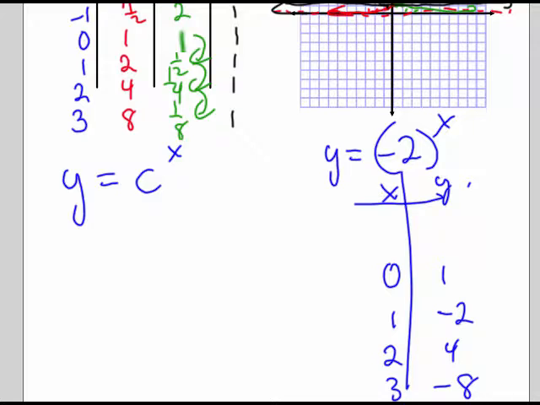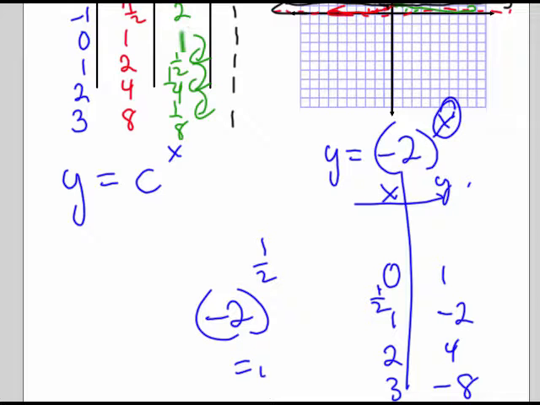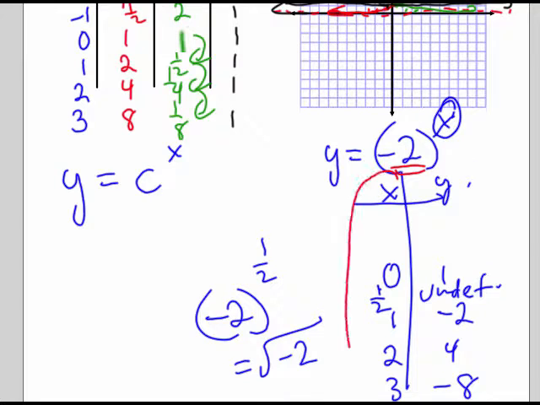So that seems to be just fine. The problem comes when you try to use other values of x, such as a half. If you put a half into our exponent, remember that means the square root of negative 2, which is undefined. So what happens when you have a negative base is that there are a whole bunch of values of x that are not part of the domain. And so what you end up getting is a bunch of scattered points for values that do work.